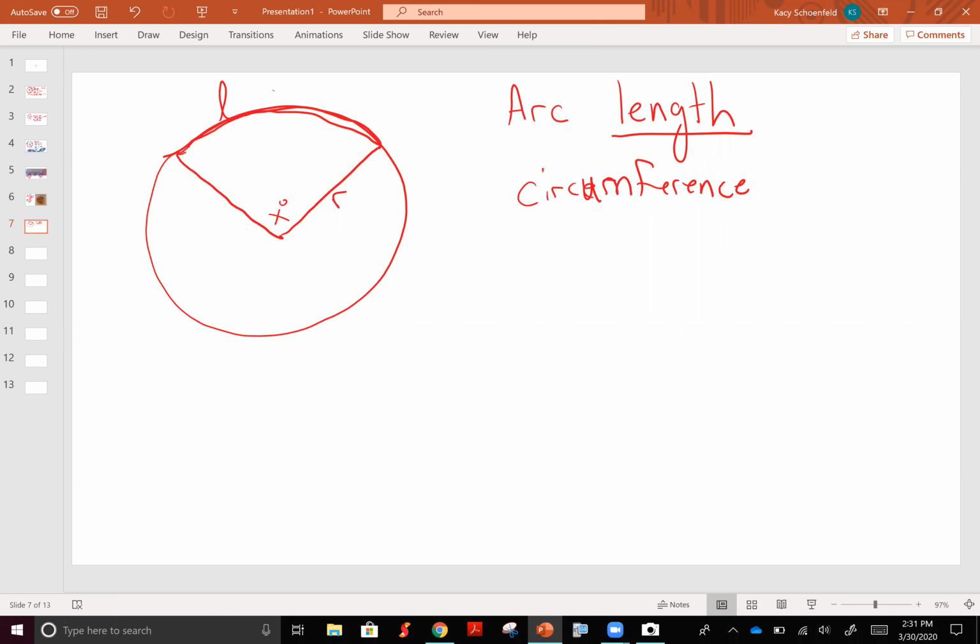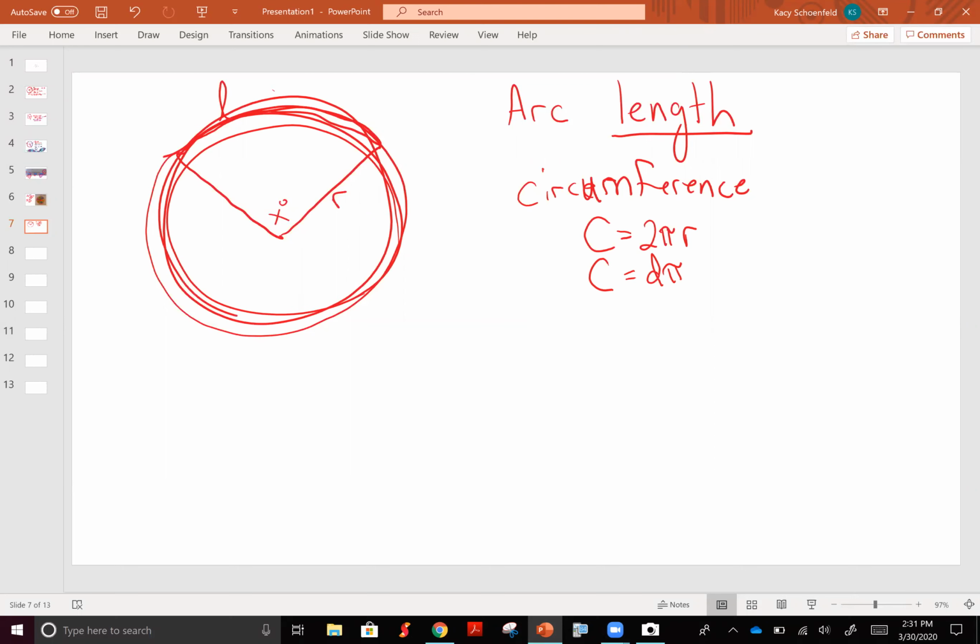Usually we have circumference equals 2 pi r, or remember we used the different one yesterday that was just d pi. That would be the entire distance around the circle.